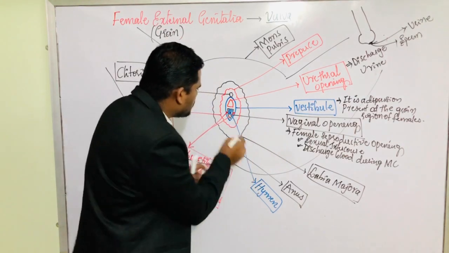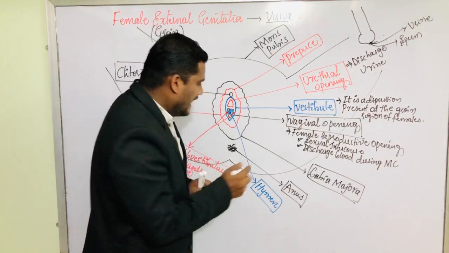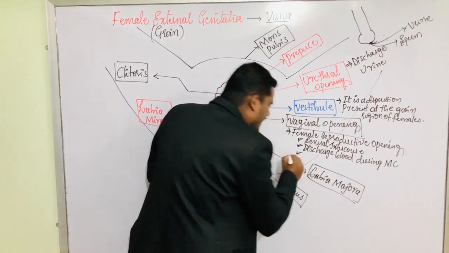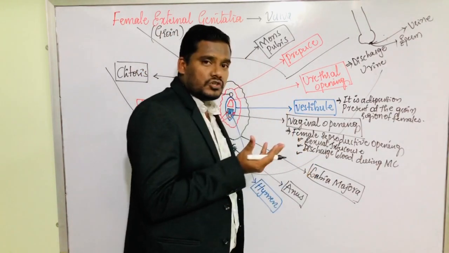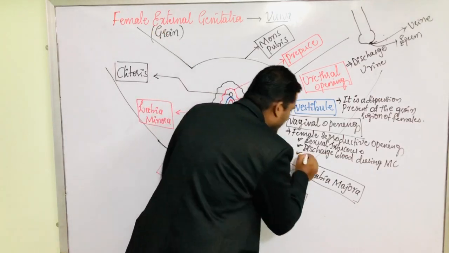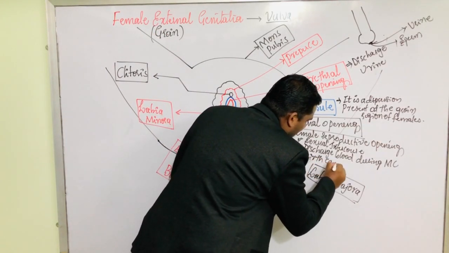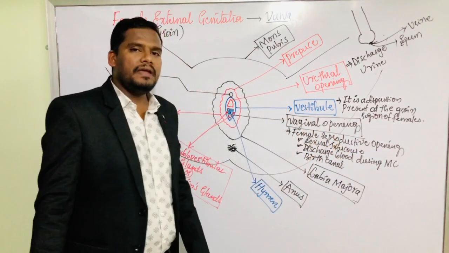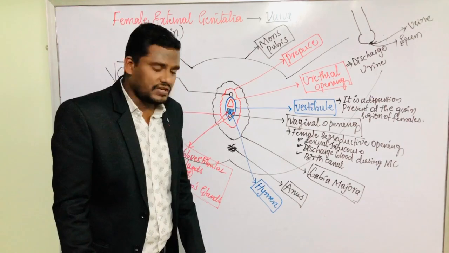That blood gets discharged through the vaginal opening. And this vaginal opening is also meant for the delivery process. The baby comes out through this opening. That means it is a birth canal. Through this, the baby can come out after completing the 9 months of pregnancy.